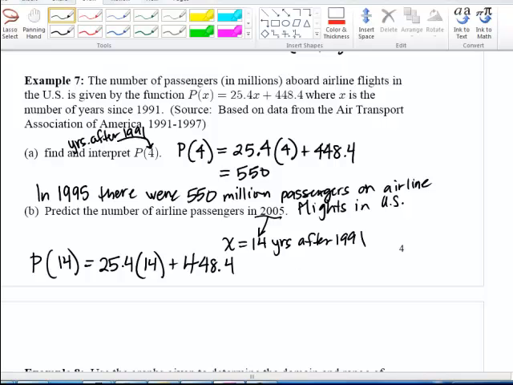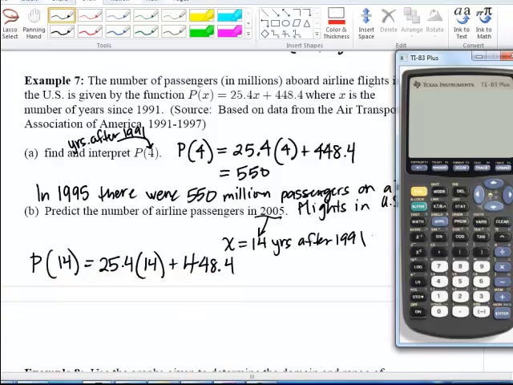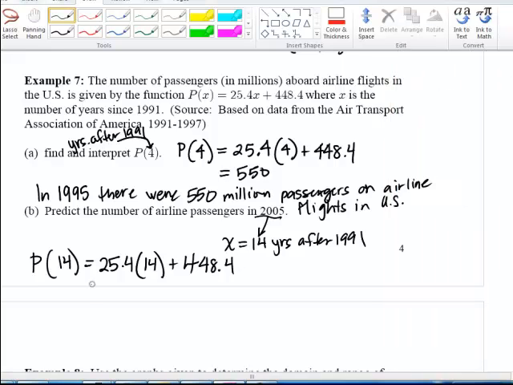And grab a calculator again. So 804, which means the model predicts 804 million passengers in 2005.